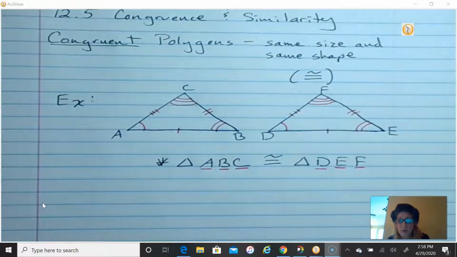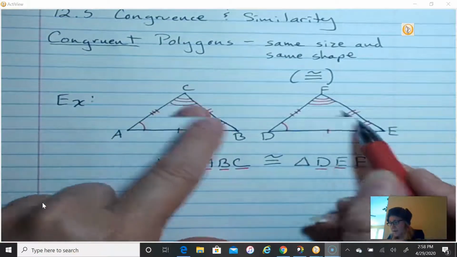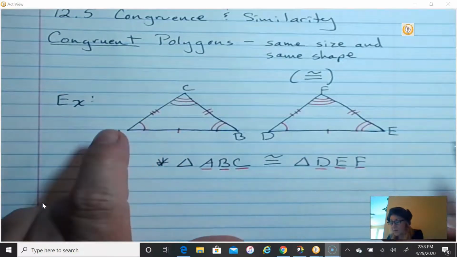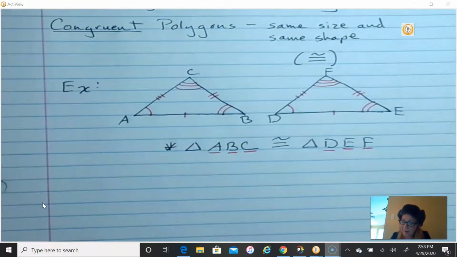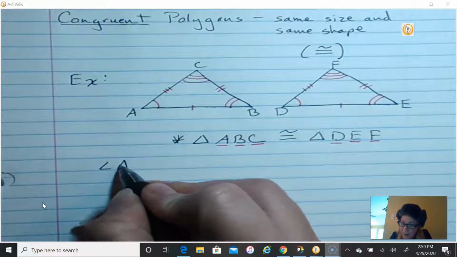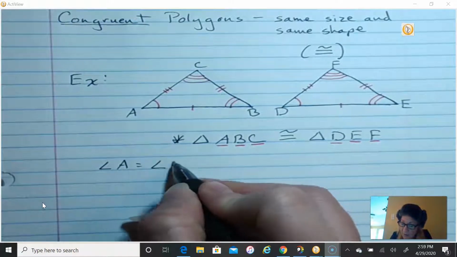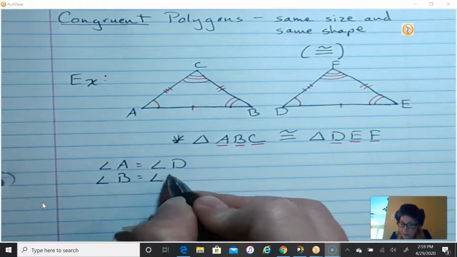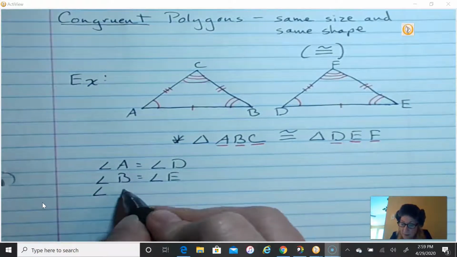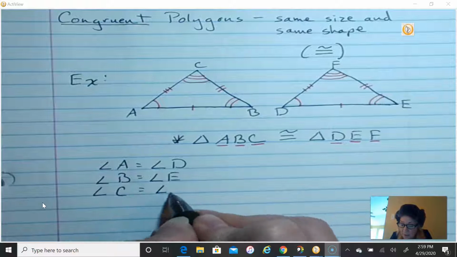That's congruent. Those triangles are congruent. They're identical. Nothing's different. The sides are the same. You know, they correspond. These angles are the same, etc. So basically this is saying angle A is equal to angle D. Angle B is equal to angle E. Angle C is equal to angle F.